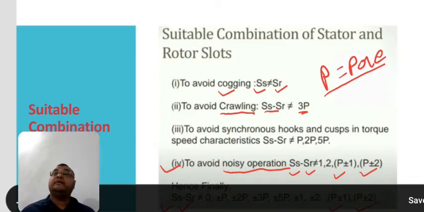Otherwise problems will occur, and those problems we have seen now, such as cogging, crawling, and then synchronous hooks and cusps. In torque speed characteristics, noisy operation is also there. All those problems are associated with the selection of the number of stator and rotor slots, if it is not chosen properly.